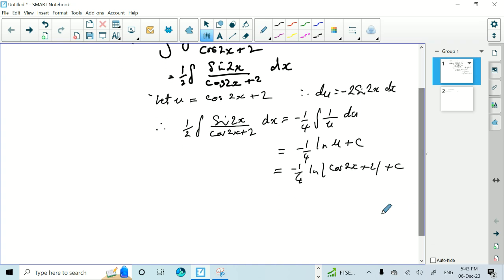And the mean value then of some function f given the parameters of 0 and pi over 2.